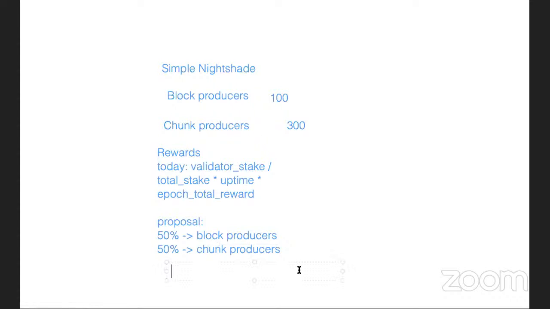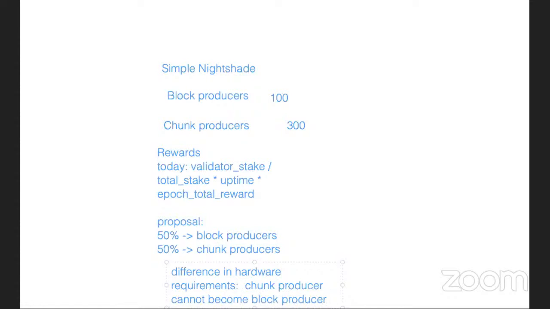There is obviously a difference in hardware requirement, and this is actually what drives all of these changes. Basically, a chunk producer cannot become a block producer, assuming they're not running expensive hardware. If they do, yeah, they obviously can be both.